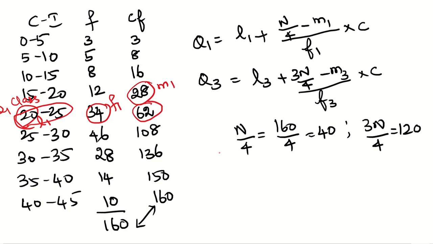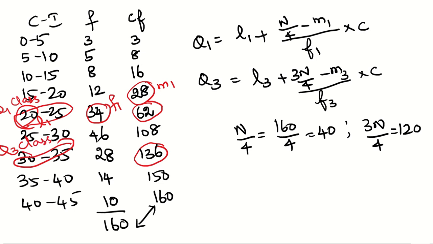Similarly, we find the class which is just greater than 120 in the cumulative frequency. The value just greater than 120 is 136, and the corresponding class will be the Q3 class.